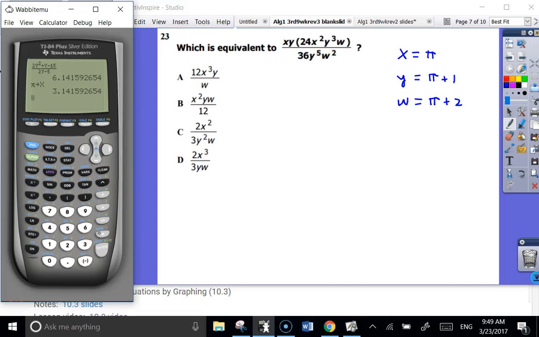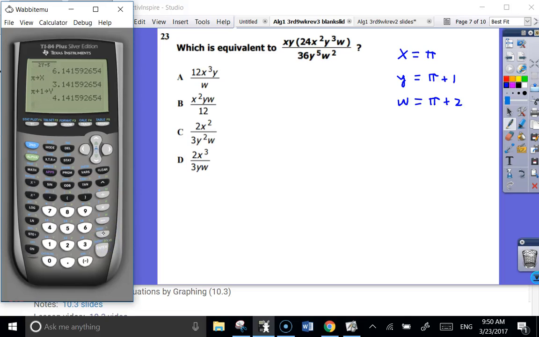Okay, so this is what it looks like when you store y equals pi plus 1. First you're going to go second pi, and then you put +1, and then you do the store. See how it looks? Pi +1, store, y. And when you hit enter, it'll spit back the decimal value.